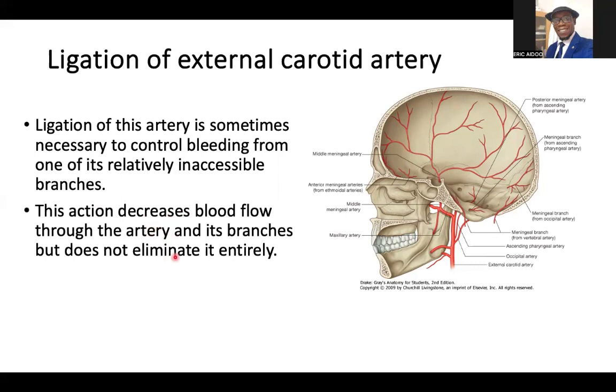However, it does not eliminate it entirely. So where you have very hard to reach branches that you can't actually access, then you need to ligate the bigger one to reduce blood flow to those difficult to access areas.